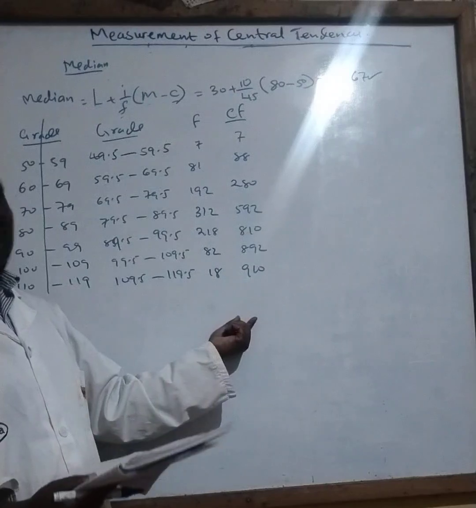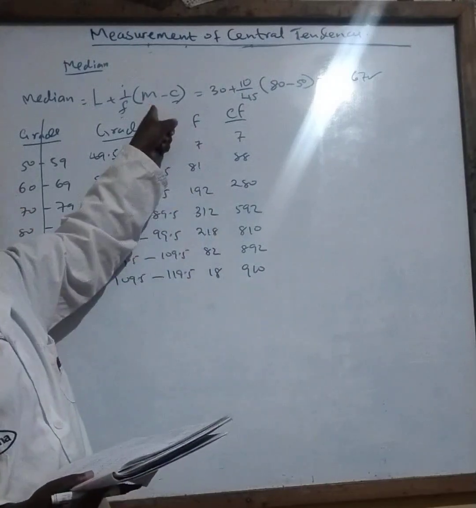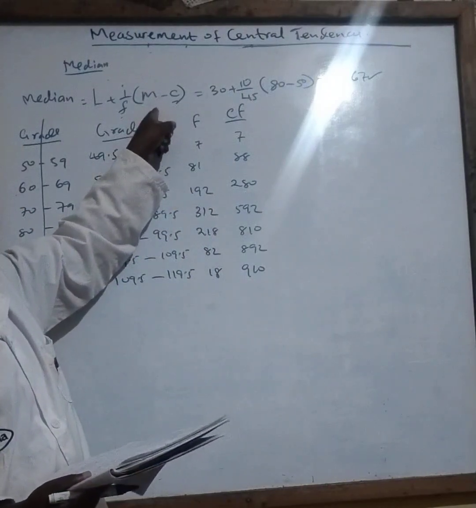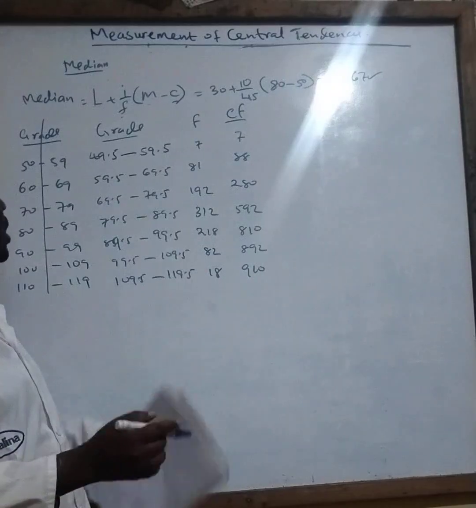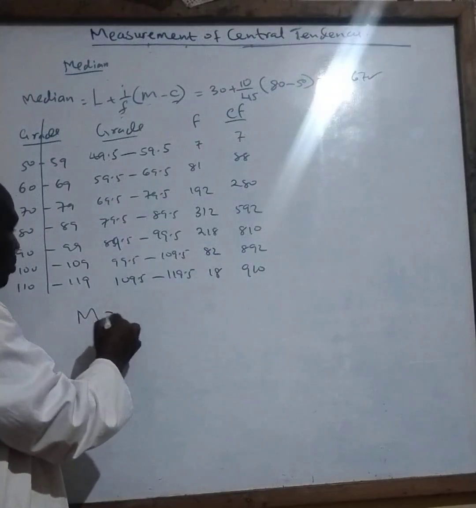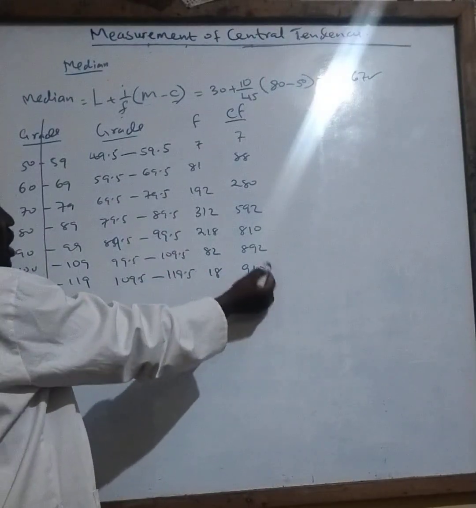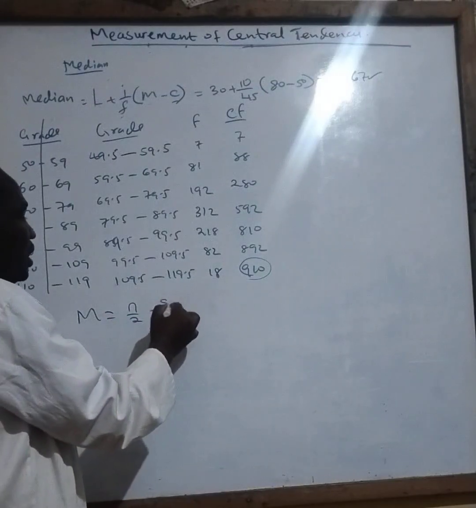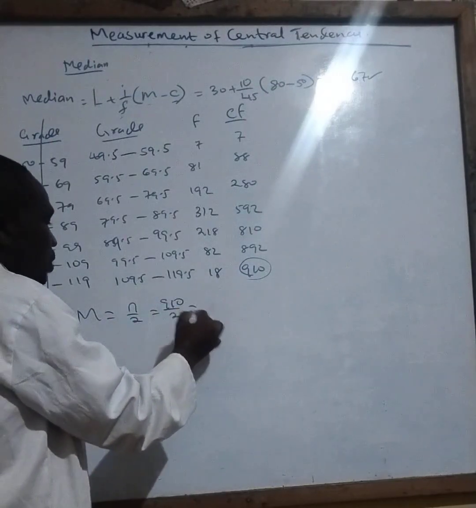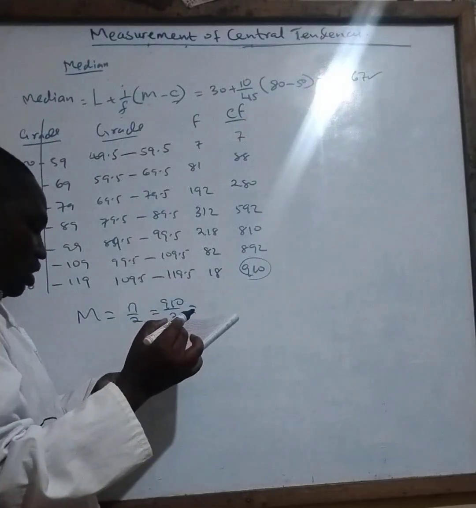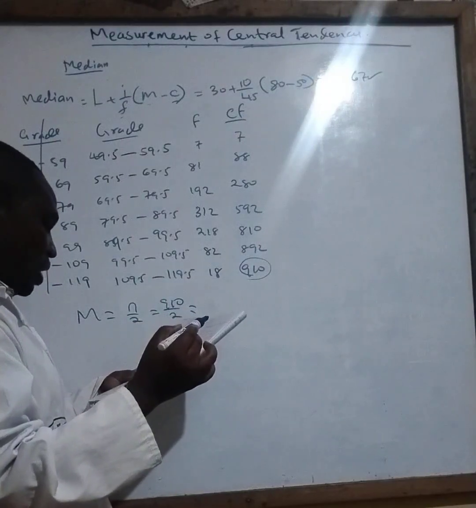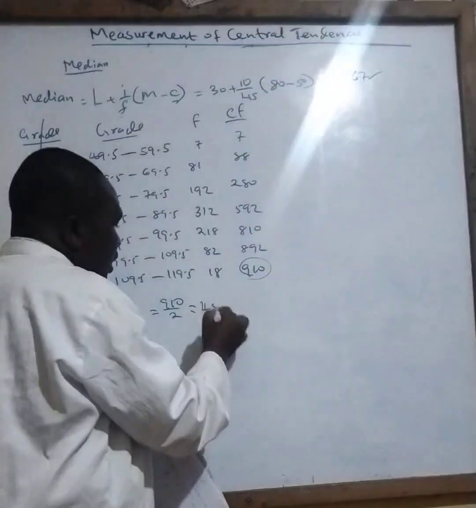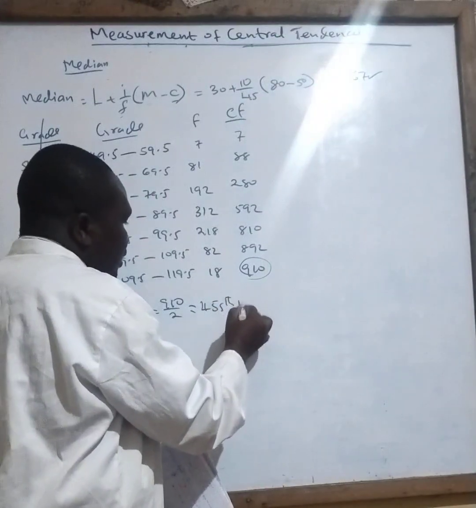What remains is the value of M, the middle item. Now look at this one. This is an even number, so it is N divided by 2, which is 910 divided by 2. If you divide correctly, the answer you get is the 455th item.